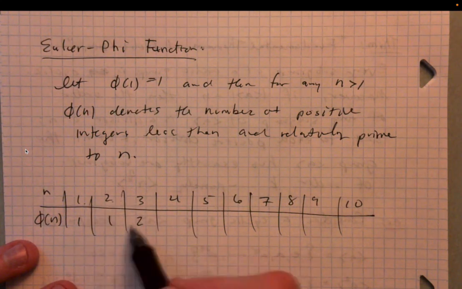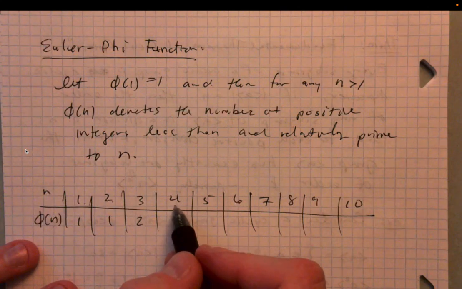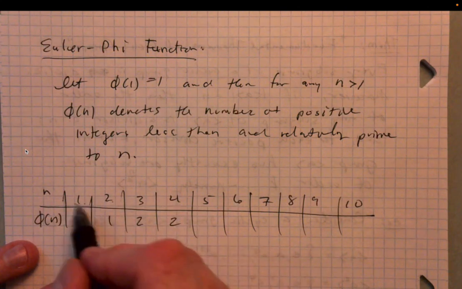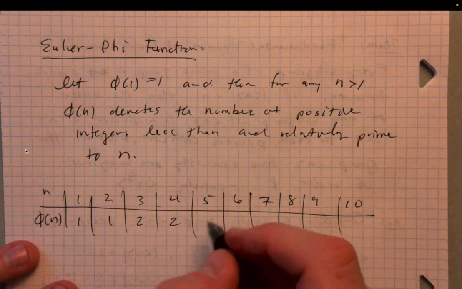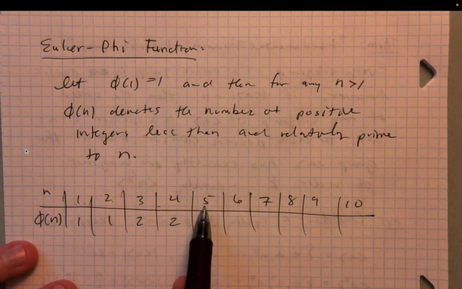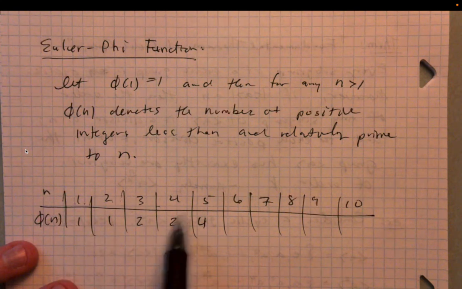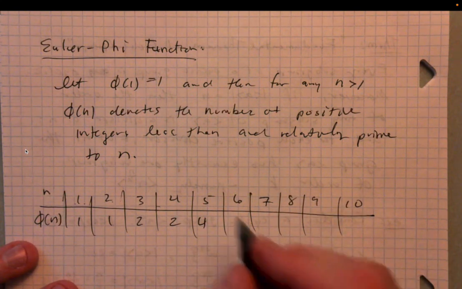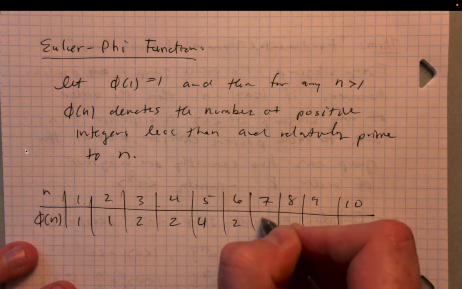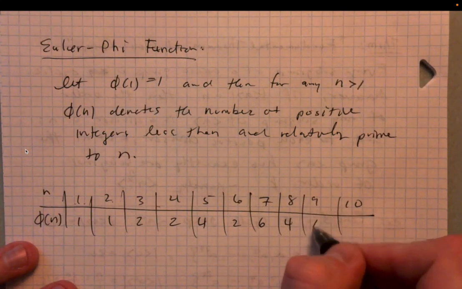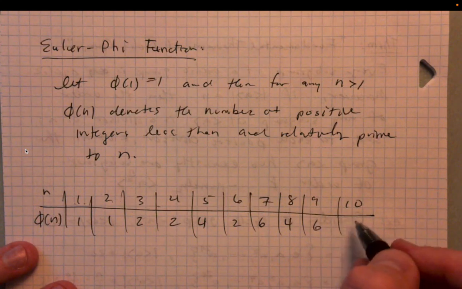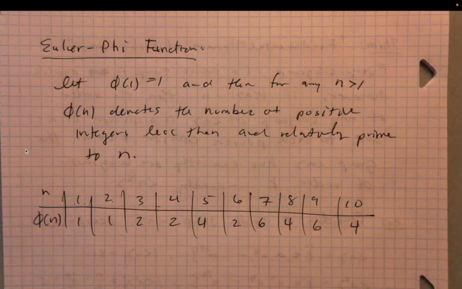Both 1 and 2 are relatively prime to 3. Phi of 4 would be 2. 1 and 3 are both relatively prime to 4. Phi of 5 is 4. Basically, 5 is a prime number, so everything smaller than it is relatively prime to it. And phi of 6 is 2, phi of 7 is 6, phi of 8 is 4, phi of 9 is 6, and phi of 10 is 4.